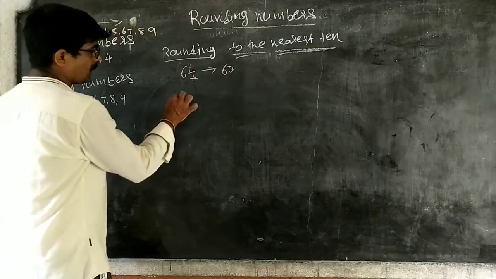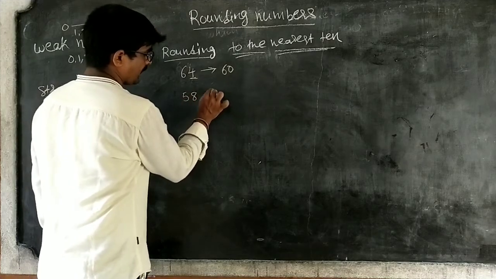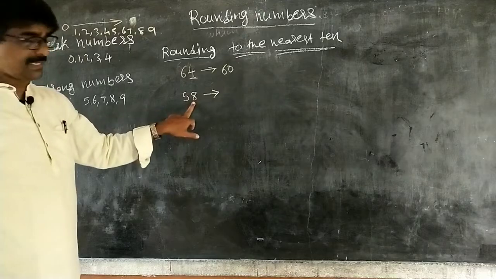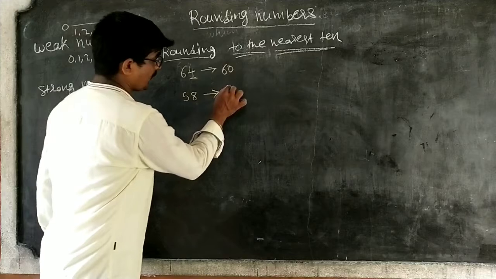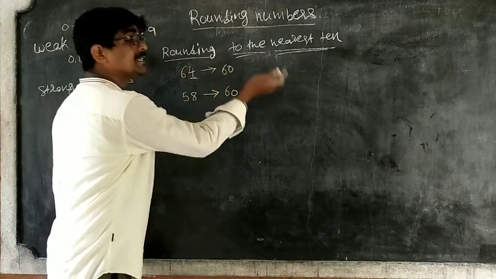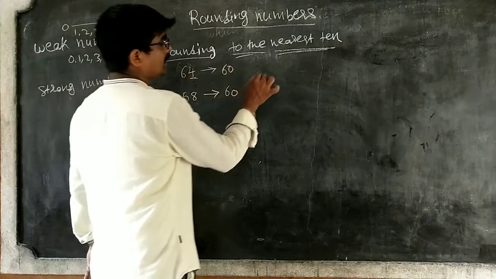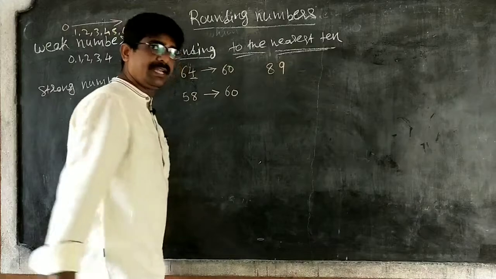Okay. For example, take 58. 58 means observe the ones place, 8. 8 is a strong number. Simply you have to write 60, going to the next number. Next number, take 89.